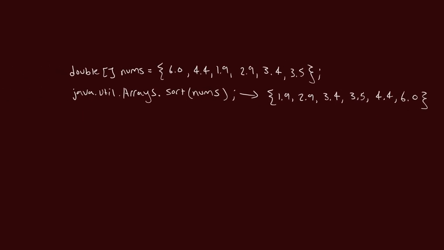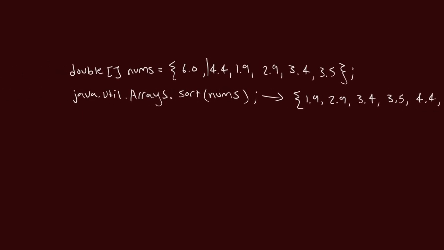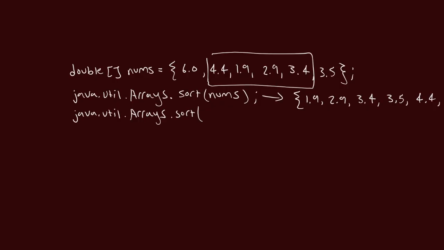Okay, and then let's say you only want to sort these parts only. Then what you do is java.util.Arrays.sort still, and then you pass in your array name, and then you put in the index you want to start sorting at. So this is 0, this is 1.